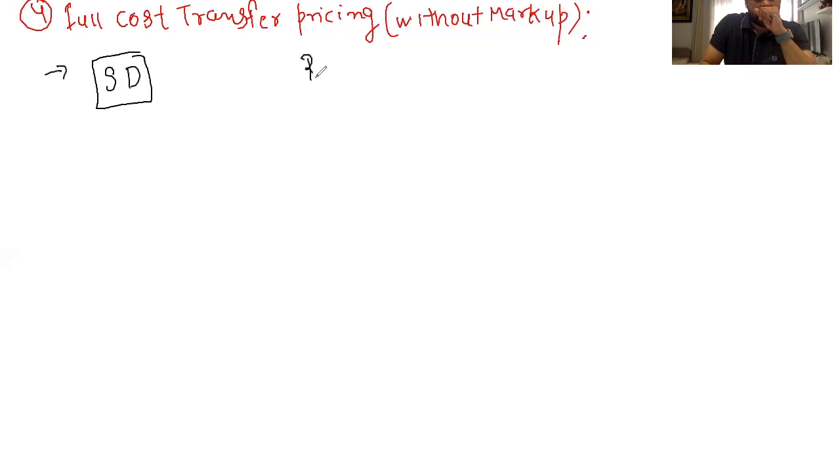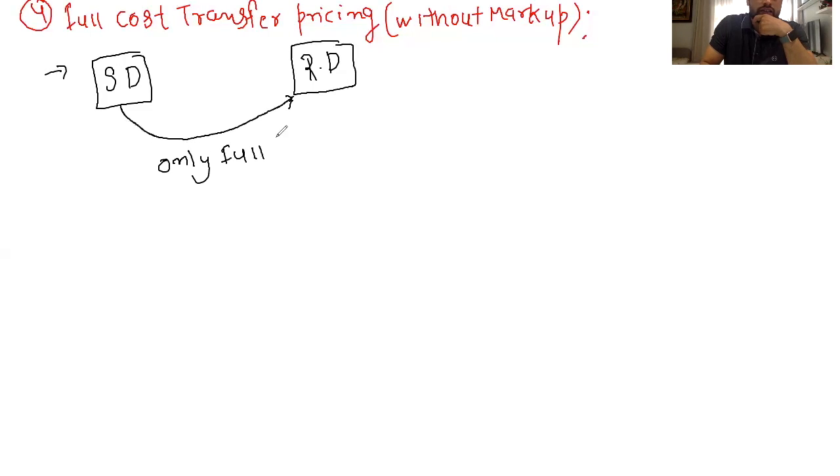And we have a receiving division. When the supplying division is supplying to the receiving division, they will use only full cost.